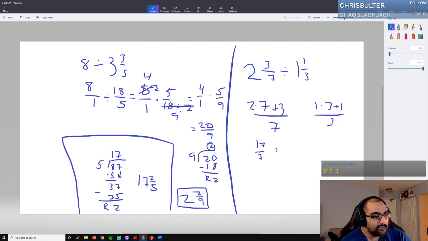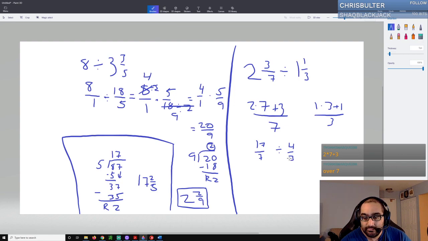So we get 4/3. We get divided by 4/3 here. So here we get 17 over 7. And since this is division, we're going to change it to multiplication and flip that to 3 over 4.